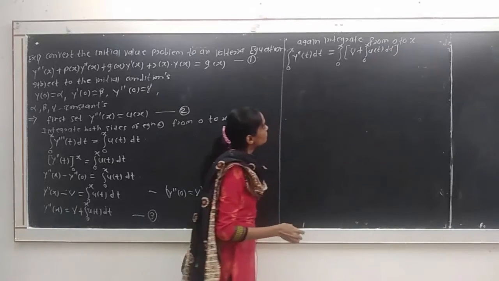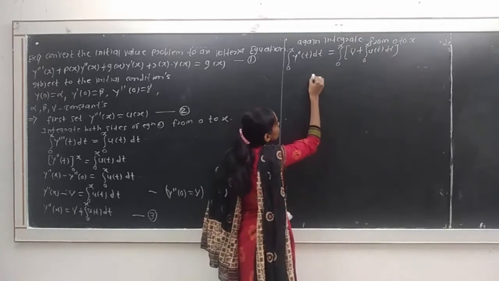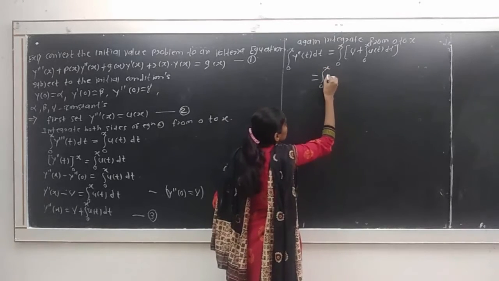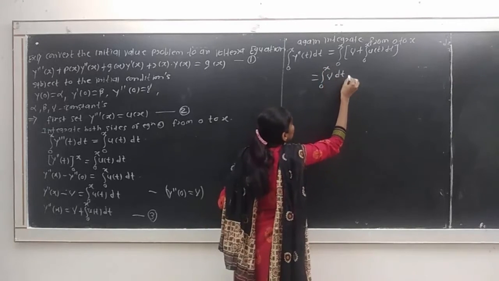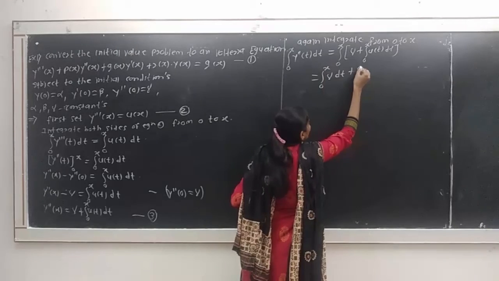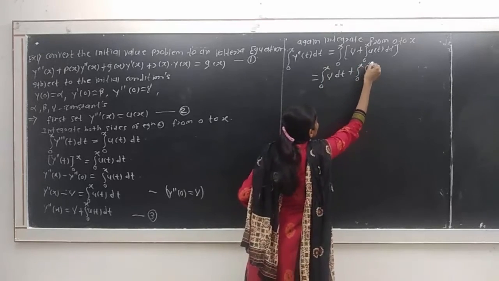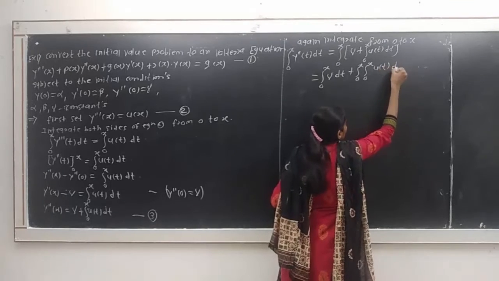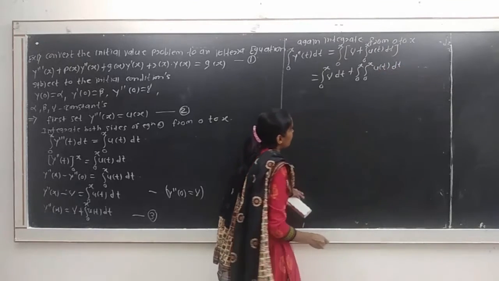That is equal to, if we separate this integration, the integration from 0 to x of gamma dt plus the integration from 0 to x of the integration from 0 to x of u of t dt.